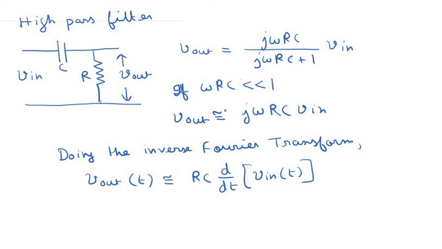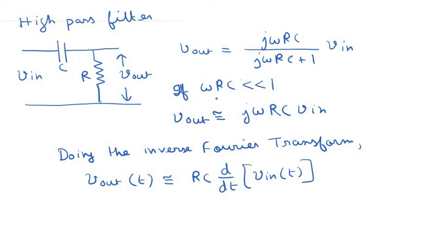So again, if this condition omega RC is much less than 1 holds, the output gives you a signal which is proportional to the exact differentiation of the input signal. If this condition is not met, then also the output resembles somewhat the differentiation of the input signal, or it resembles a signal which is related to the differentiation of the input signal.